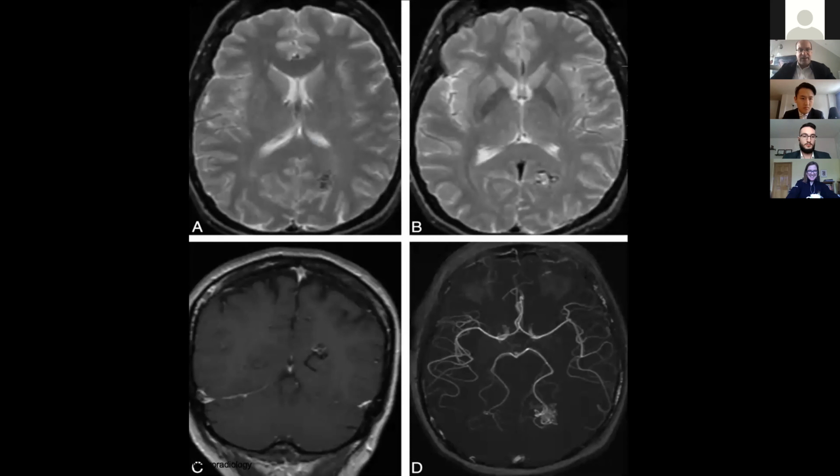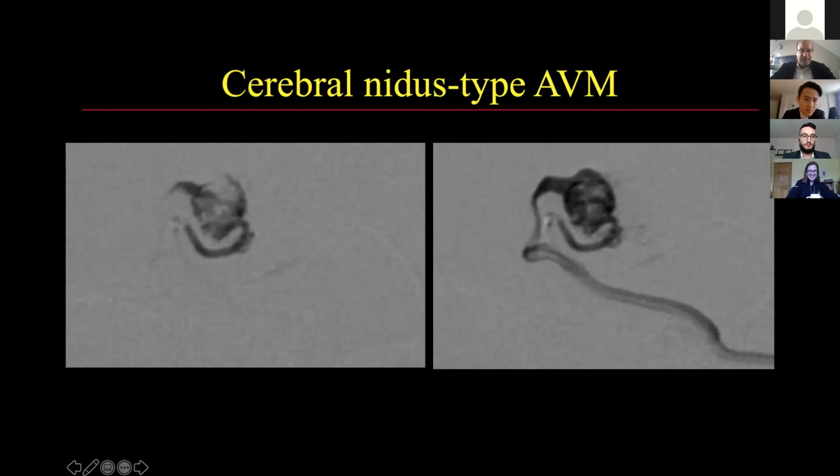A couple of examples here. This is a patient where on routine screening, we found an abnormal tangle of vessels here and here, making the diagnosis of a brain AVM. Here you see the microcatheter injection. This is the feeding artery. This is the tangle of abnormal vessels, and this is the draining vein here.